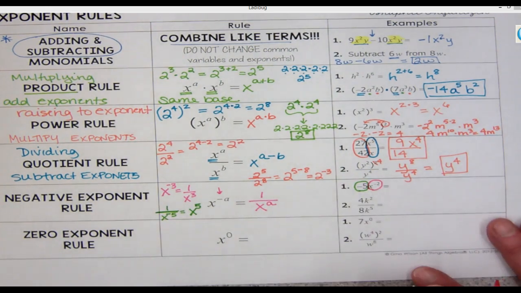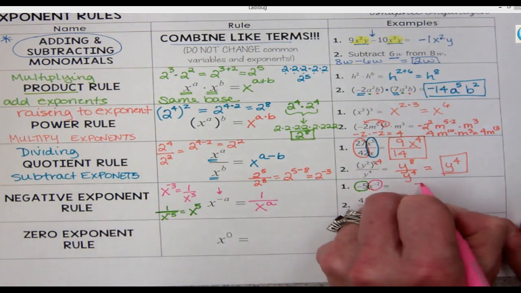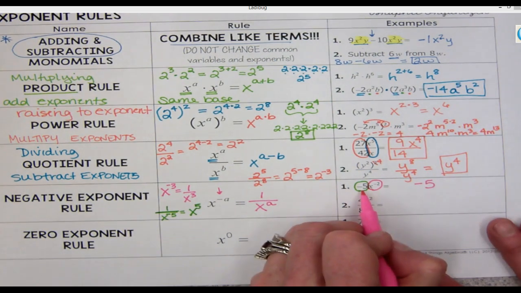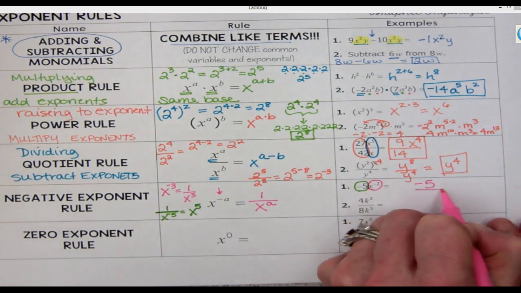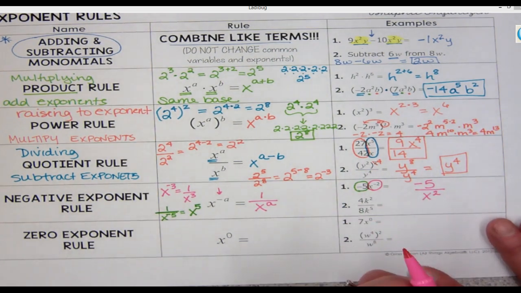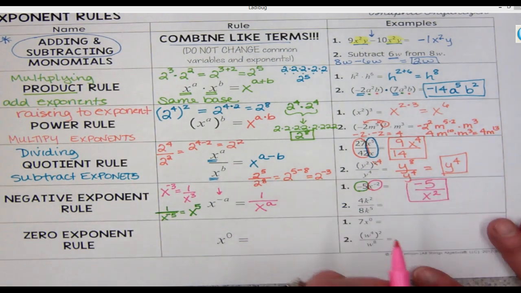This is what causes it to be flipped. Don't flip your 5. The 5 stays. So we've got negative 5 still in the numerator, just like it is here. The x squared, though, goes in the denominator, and the 2 becomes positive. So this would be your answer.